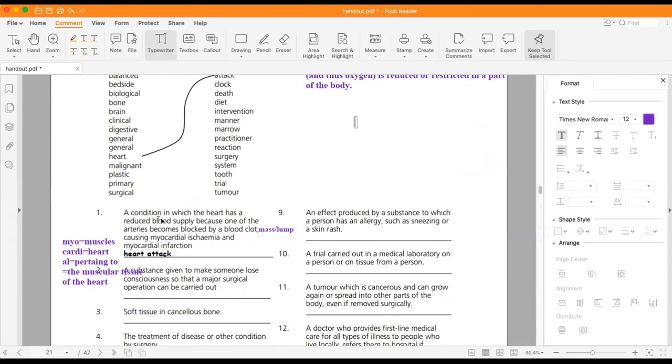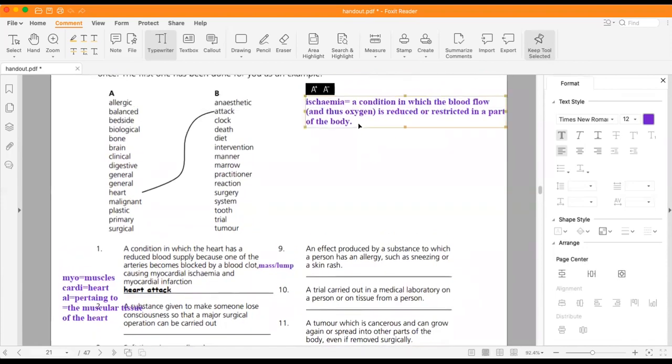And we have, alright, the myocardial infarction. What is the meaning of infarction? Infarction means tissue death due to the inadequate blood supply.